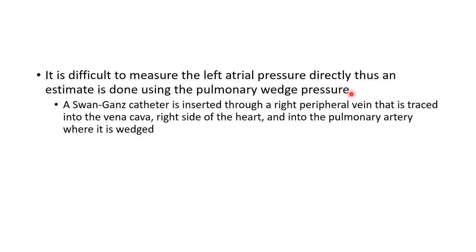A Swan-Ganz catheter is inserted through a peripheral vein at the right side of the body, and that peripheral vein again is connected to the right side of the heart, and so the Swan-Ganz catheter from the peripheral vein eventually finds its way into the vena cava, into the right side of the heart, and into the pulmonary artery where it is wedged.